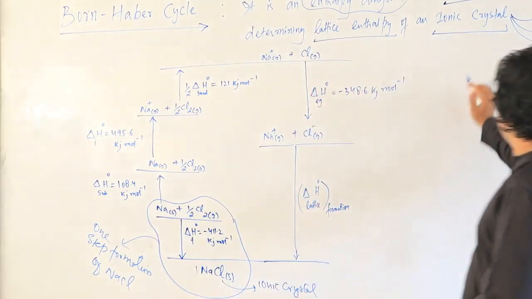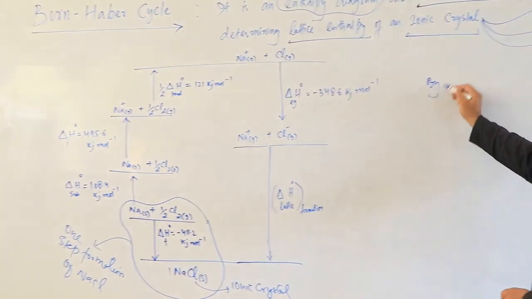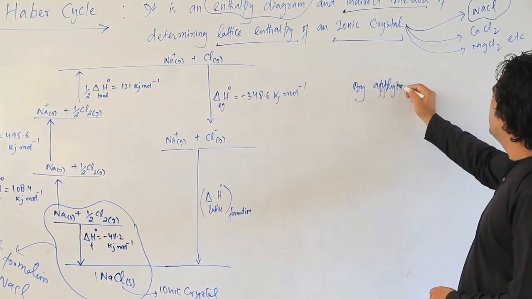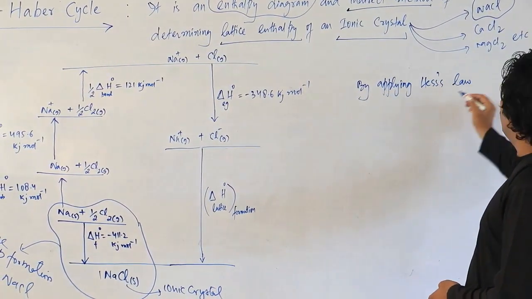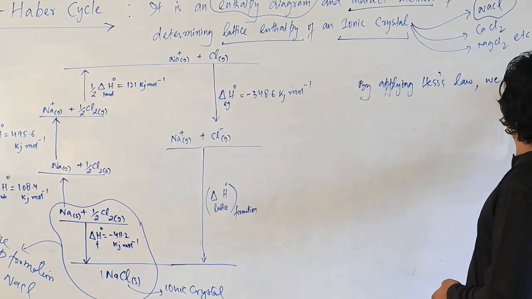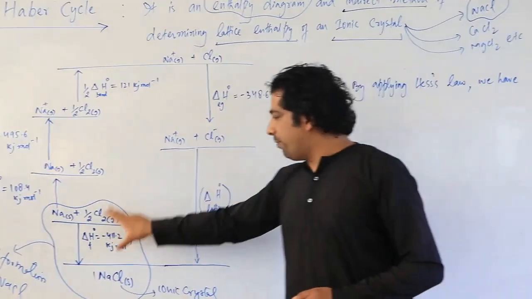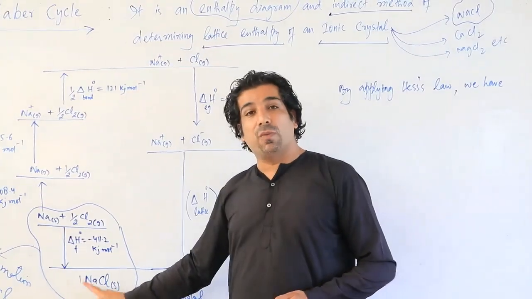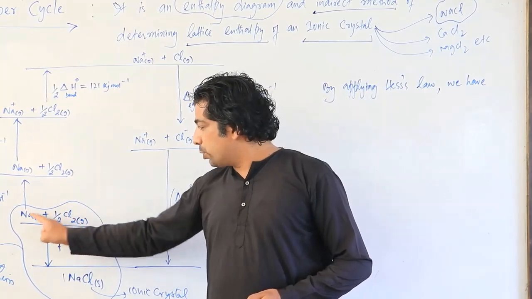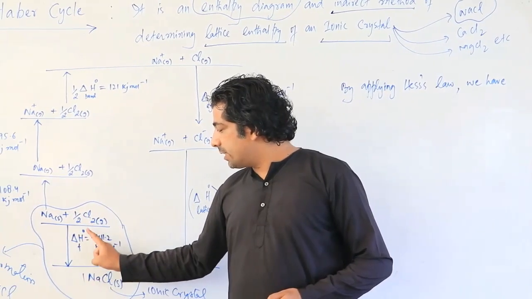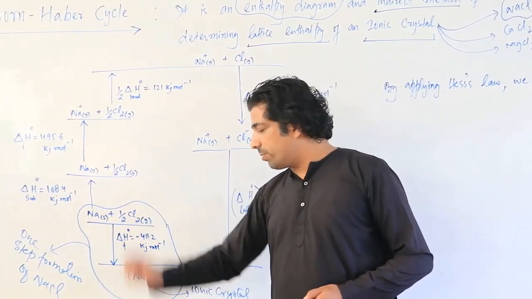Okay. So I will apply Hess's law here. This one-step formation is basically the formation of 1 mole of NaCl, I am repeating, from its constituent elements. So this is a standard enthalpy of formation, my dear friends.